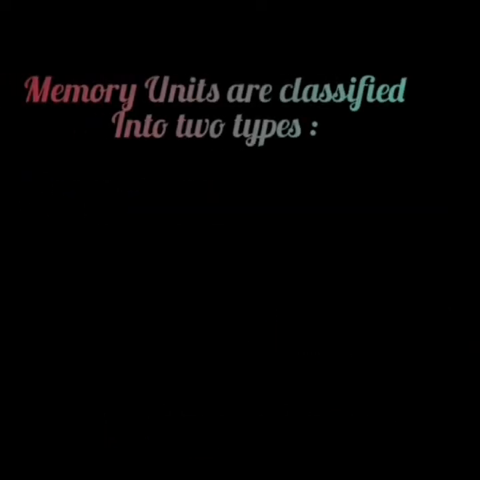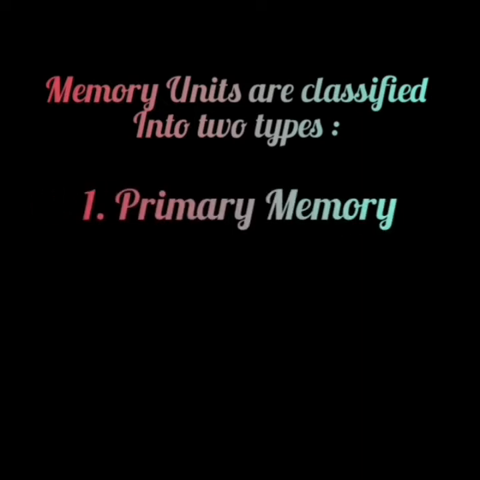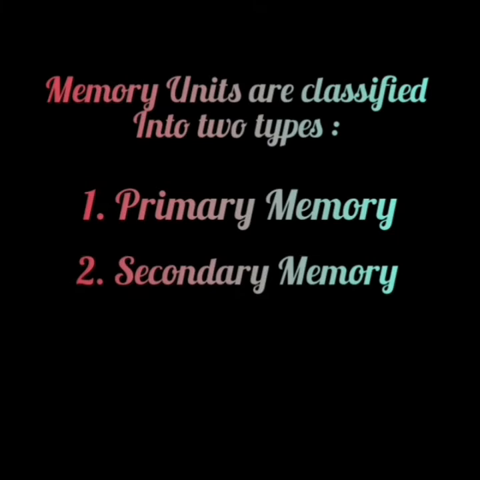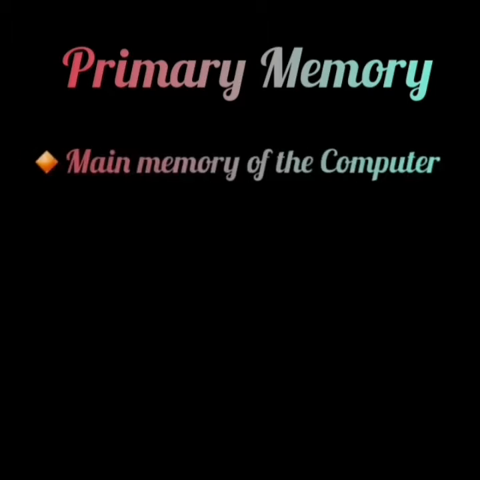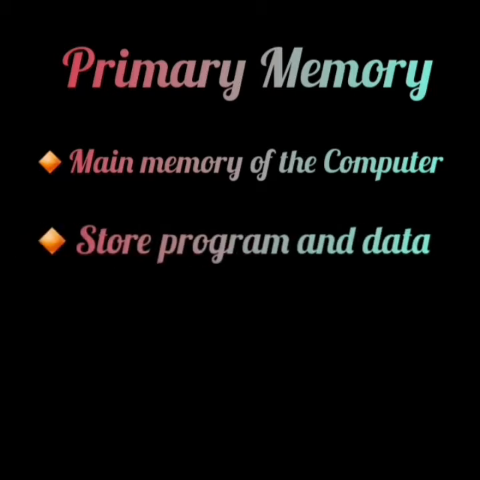Memory units are classified into two types. First, primary memory, and second, secondary memory. Primary memory is known as the main memory of the computer. It stores programs and data which are required by the CPU.